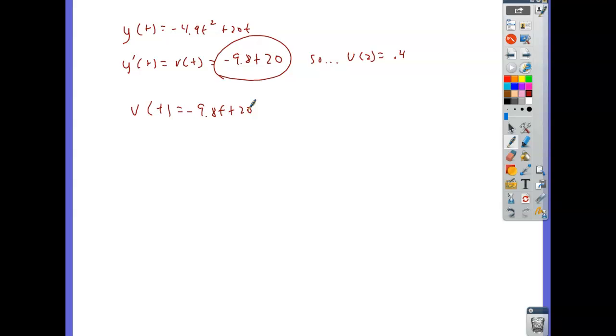So if I want to find position, I would do what? Now here's what I've got to think. I've got to start thinking backwards, right? What do we normally do? We throw the power out in front, then subtract 1 from the power. So we're going to raise the power by 1 and divide by the power I get.